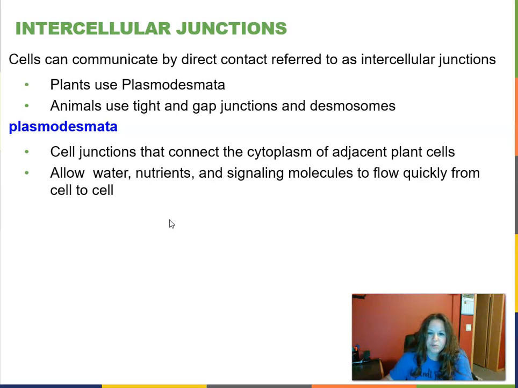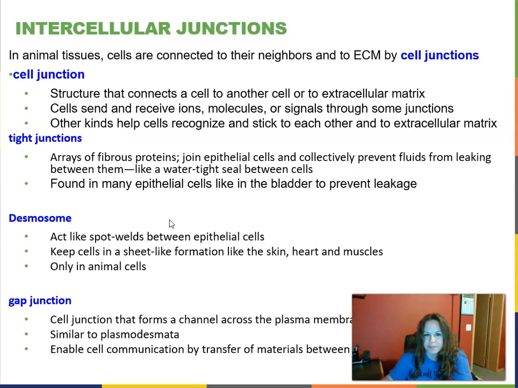And animals use what are called tight and gap junctions and desmosomes. So here are the definitions of those. Tight junctions are basically arrays of fibrous proteins that can join epithelial cells together very closely to keep them from leaking.